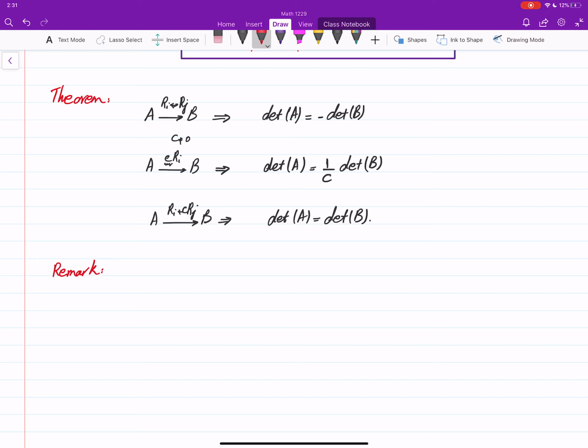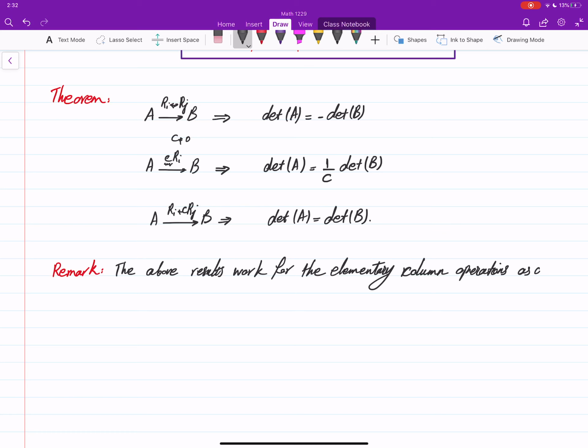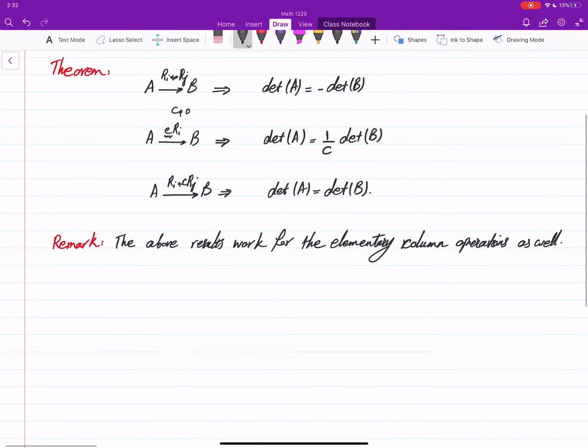To have a complete list, this is not only for elementary row operations, but also for elementary column operations. So the above results work for the elementary column operations as well. What do we mean by elementary column operation?